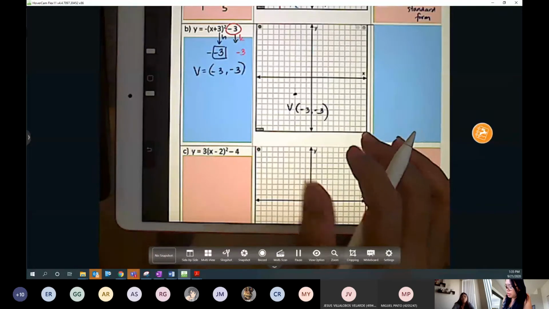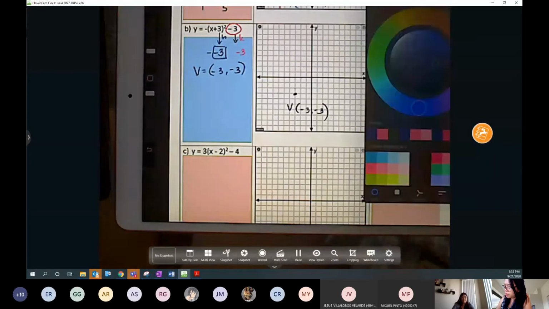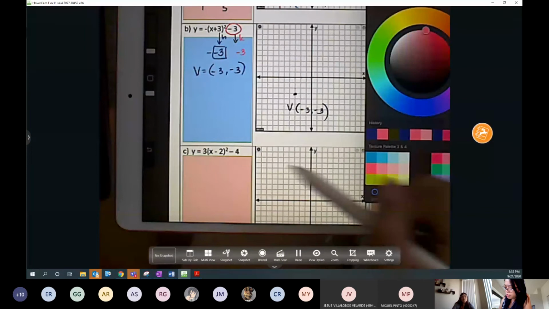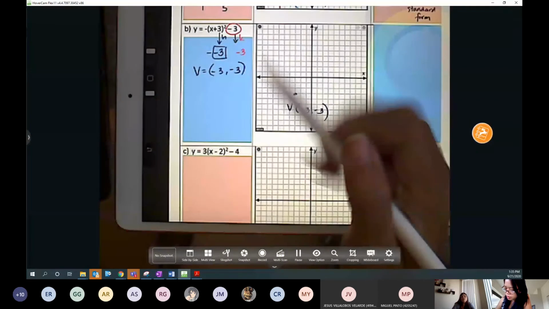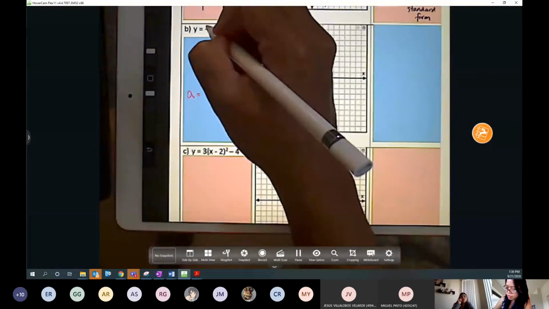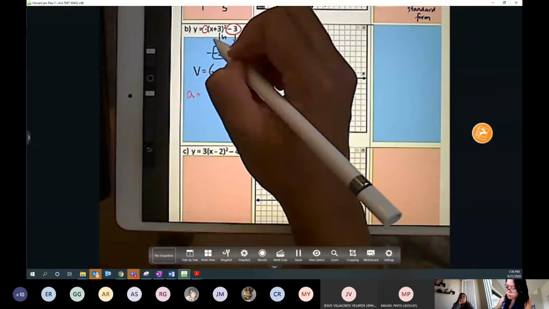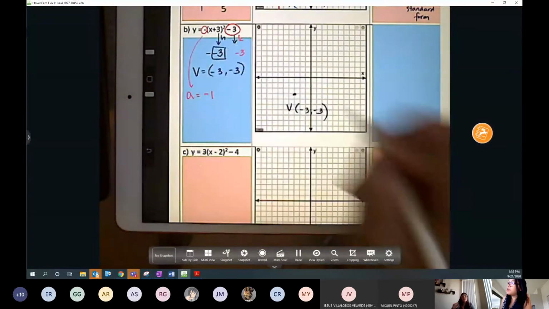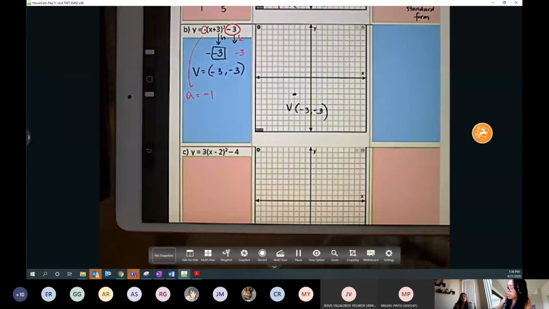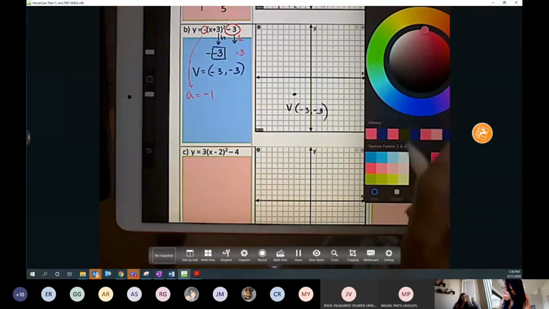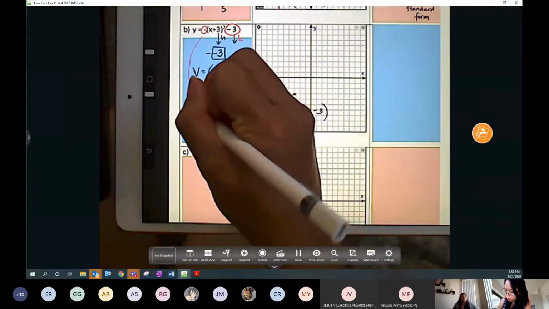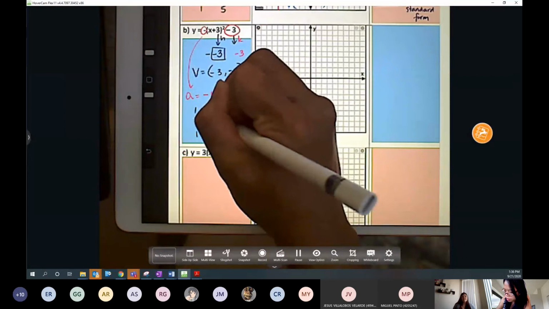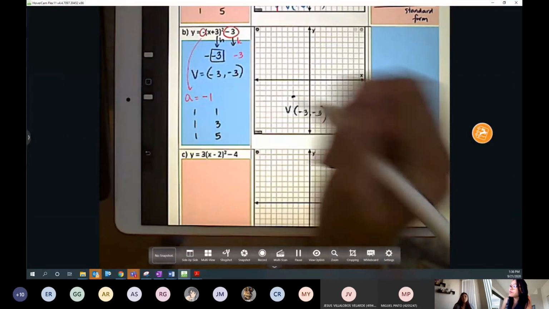Okay, so next we're gonna look at our A, and A is a negative. And no number, that means it's -1. Okay, so our movement is always 1, 1, 1, 1, 3, 5.